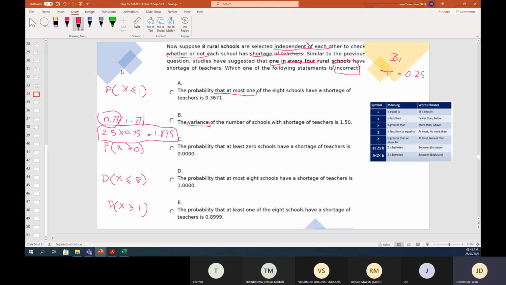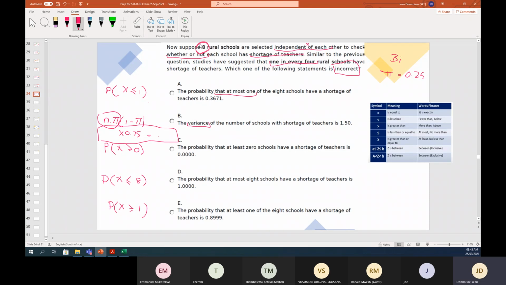Okay, sorry. And that is how quickly one makes a mistake. The n is not 10 anymore, it is 8. Sure.